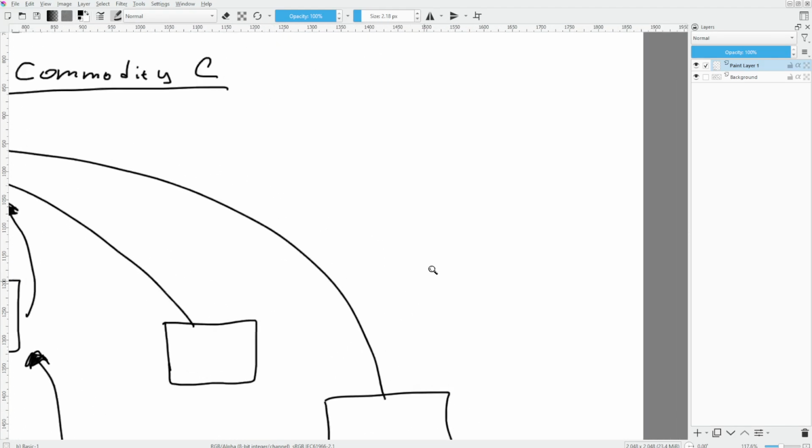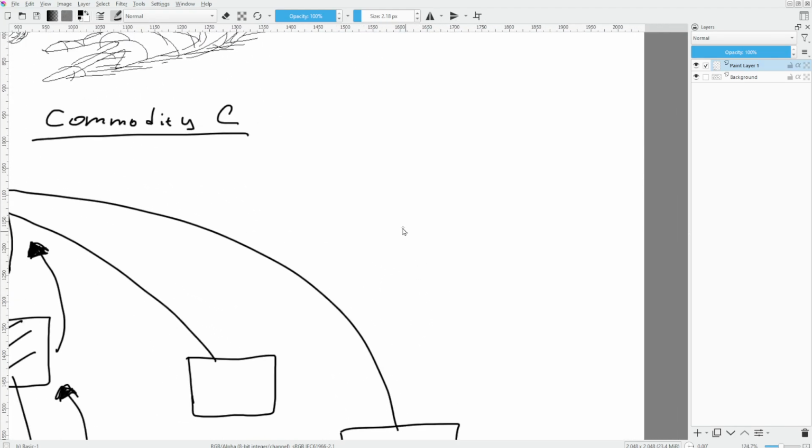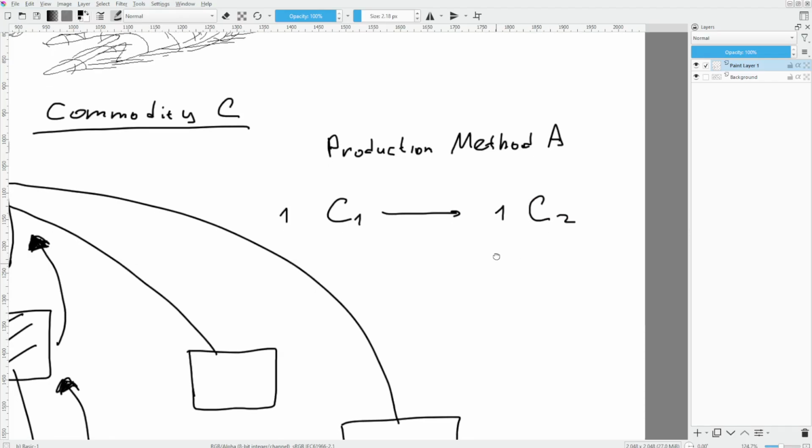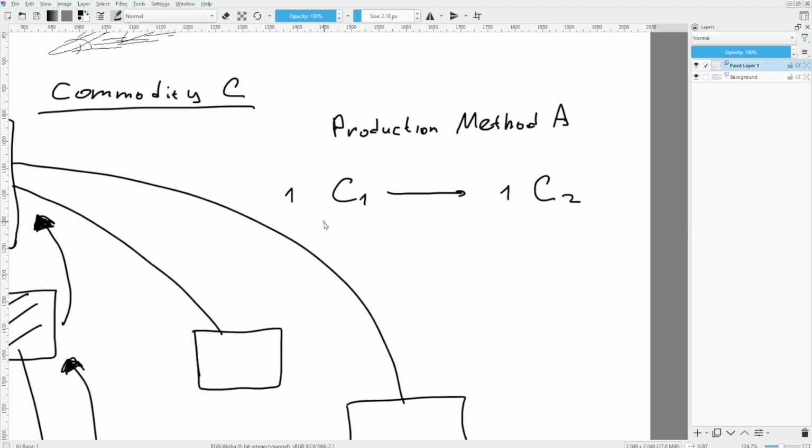But let's consider a very simple example. We have production method A, which takes commodity C1 and converts it to 1 unit of commodity C2. For example, you have here a base price.